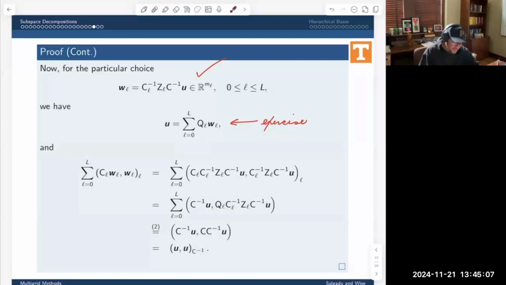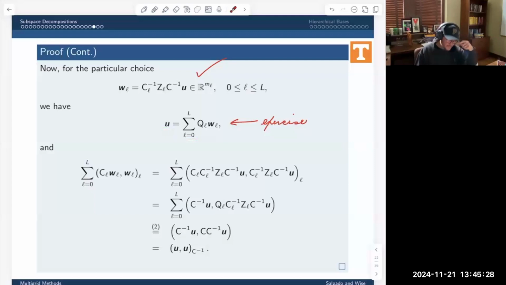But it's an exercise to show that if I choose these WLs in this way, then the sequence of these WLs is in the Q class of U, meaning that I can write U as this sum. That's an exercise, but not a hard one.